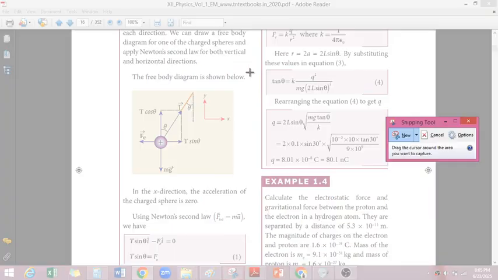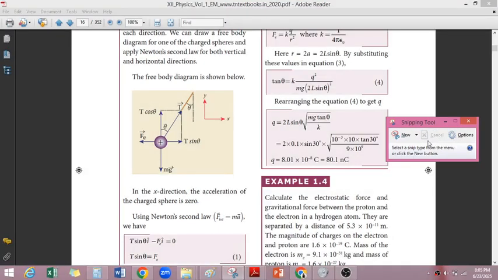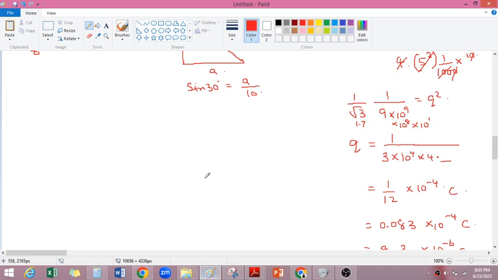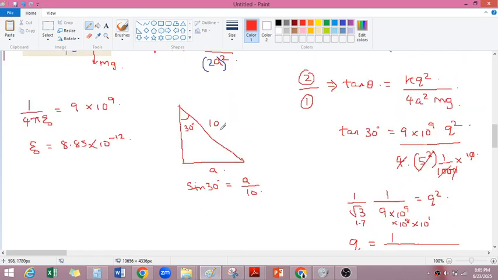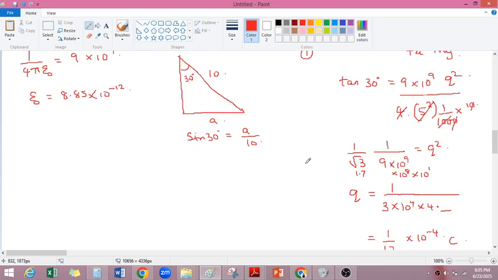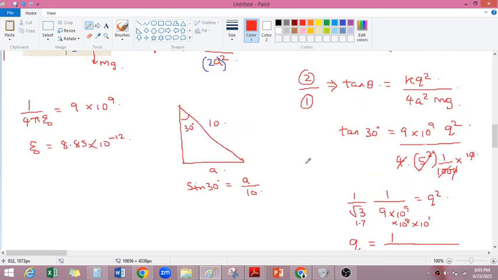Sir, they have given L is equal to 10 centimeter. Oh, 10 centimeter. Okay, that's a mistake. Yeah, very good. I have just simply taken it as 10. So for 10 centimeter, it should be given in meters.